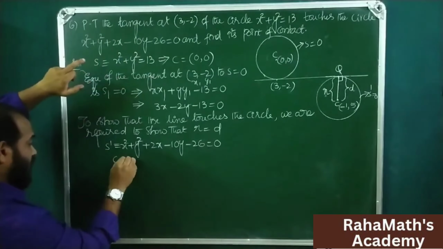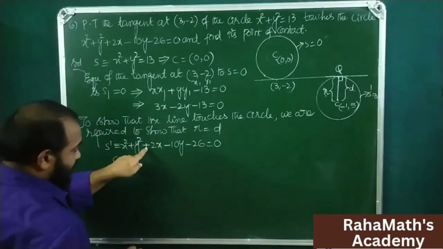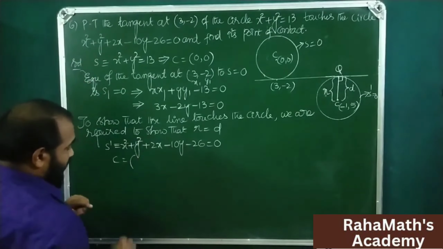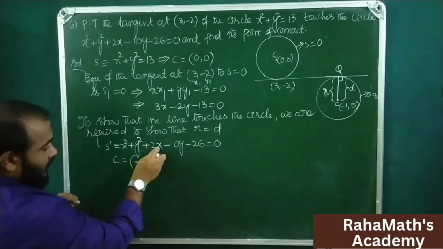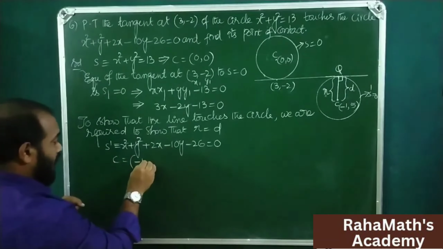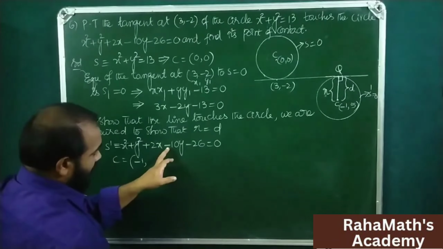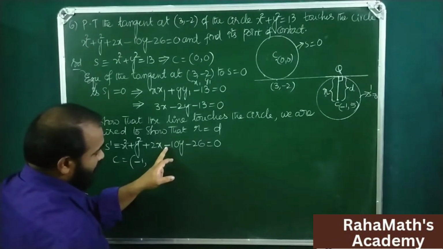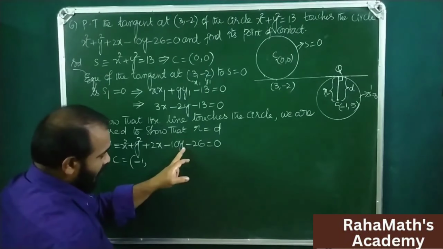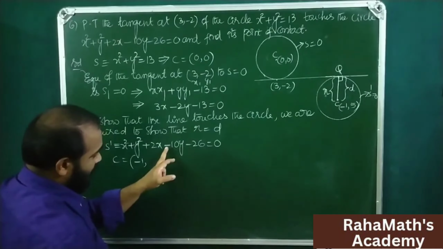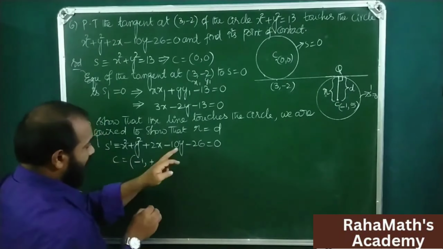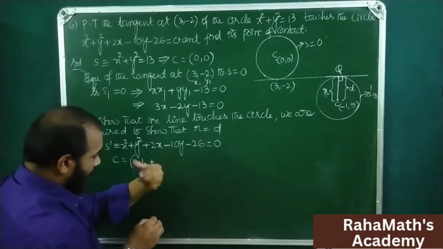The center of this: plus is there, you take the opposite sign, minus, x coefficient half, so 1. Comma, take the opposite sign of the y coefficient. Here minus is there, you take a plus, and y coefficient 10, half of that, so 5.